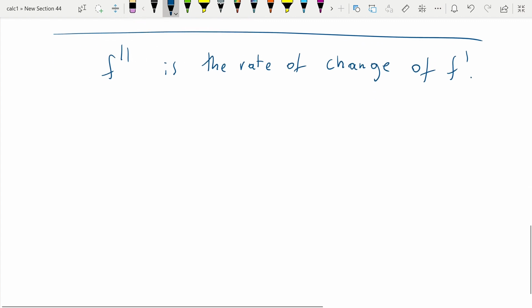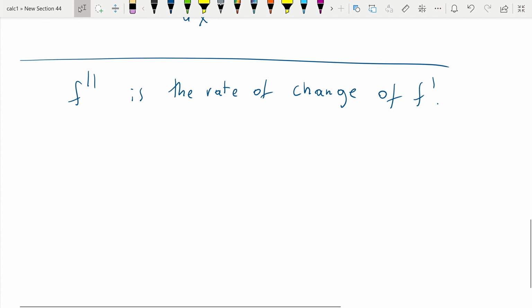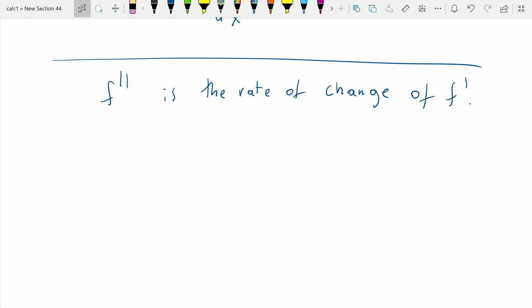If we think about f, then f double prime tells us how quickly the derivative is changing. The slopes of the tangent lines are changing. So f double prime measures how fast the tangent lines increase or decrease.